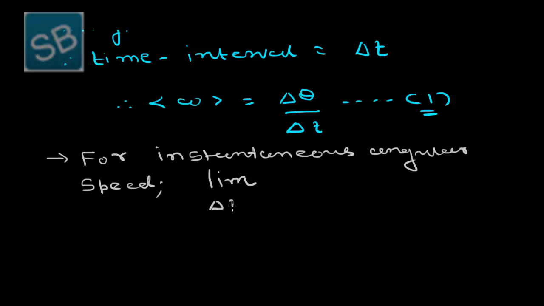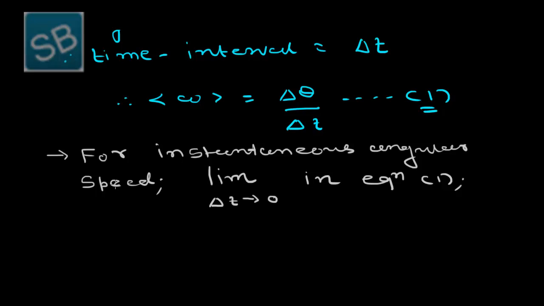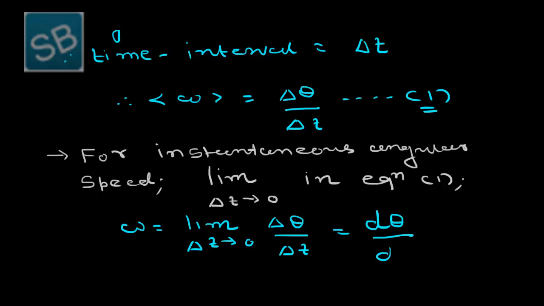So I apply limit delta t tends to 0 in equation 1. So my equation 1 now becomes omega equals limit delta t tends to 0 of delta theta over delta t, which reduces to d theta by dt. That is equation number 2.